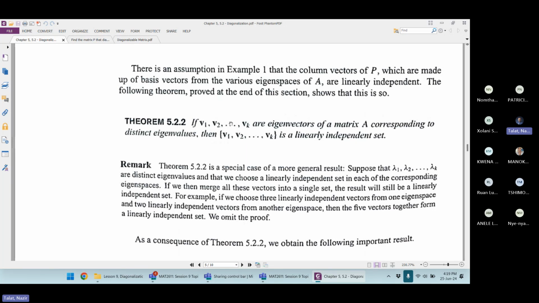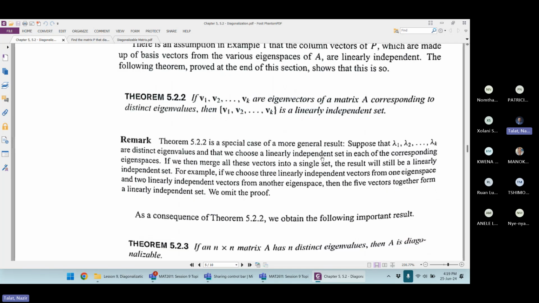Distinct eigenvalues give us linearly independent eigenvectors. So these are independent vectors when all the eigenvalues are distinct.